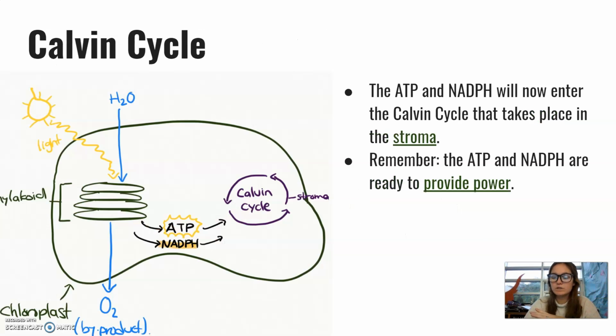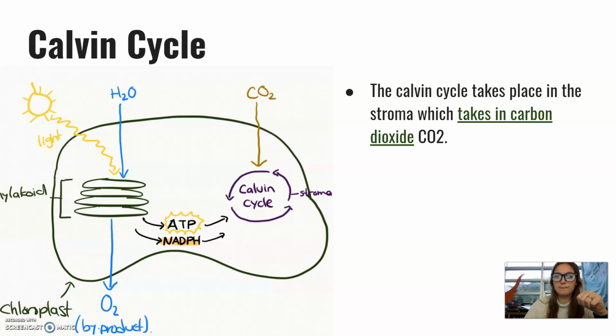The whole point here is ATP and NADPH are going to transport that energy from the light reaction to the Calvin cycle. So as we move into the Calvin cycle, we're going to see this first occur in the stroma, and the Calvin cycle will receive the energy that is transported using ATP and NADPH.